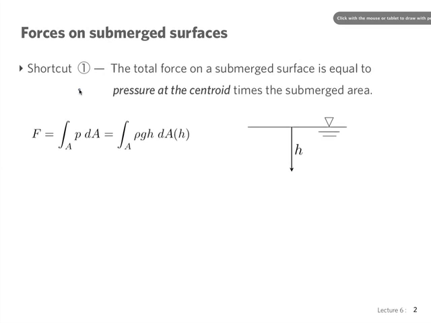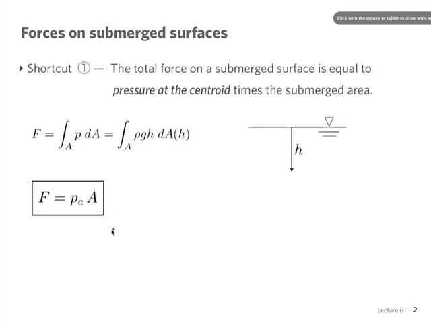Now, one shortcut for regular geometries, like a rectangle or a disc, is that you can calculate the total force on the submerged surface by multiplying the pressure at the centroid times the area.